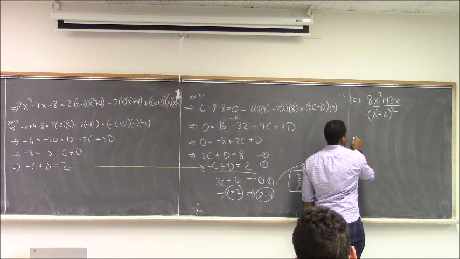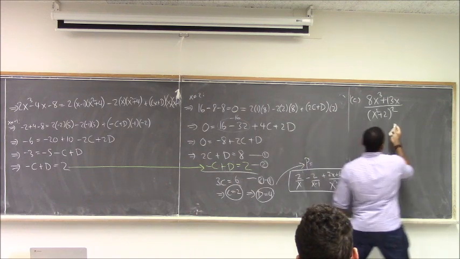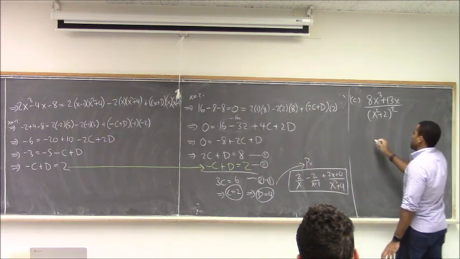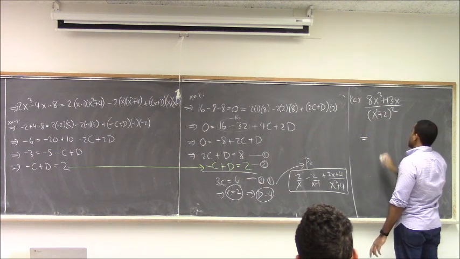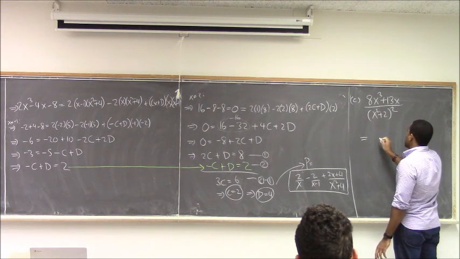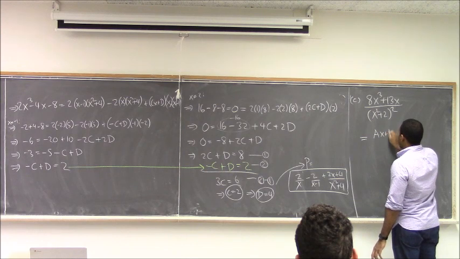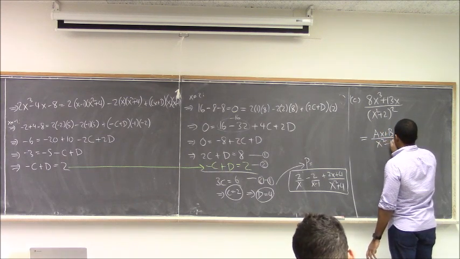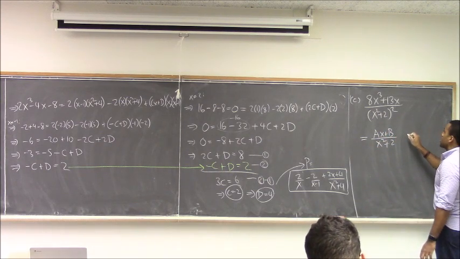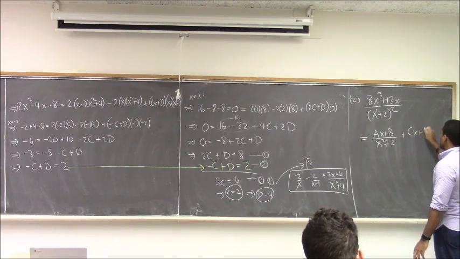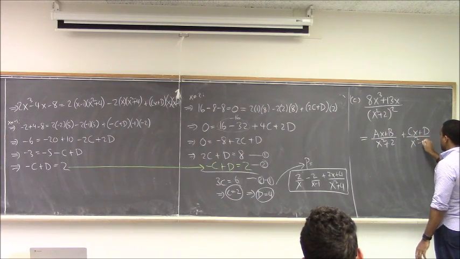It's already fully factored, right? So this is equal to ax plus b over x squared plus 2, plus cx plus d over x squared plus 2 squared.